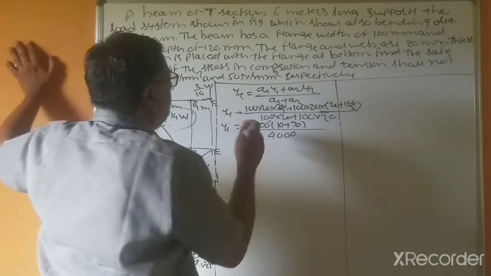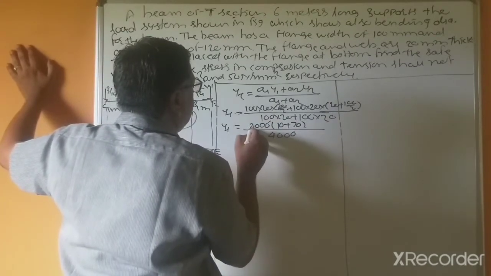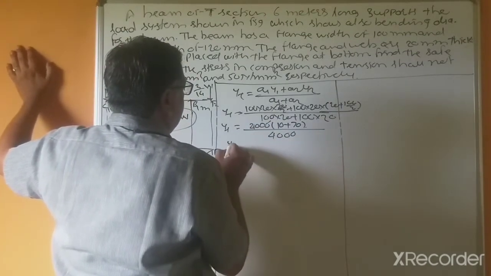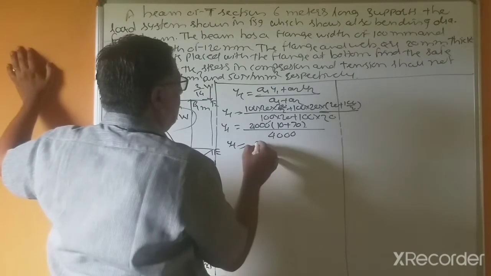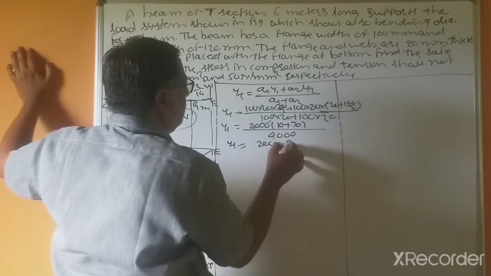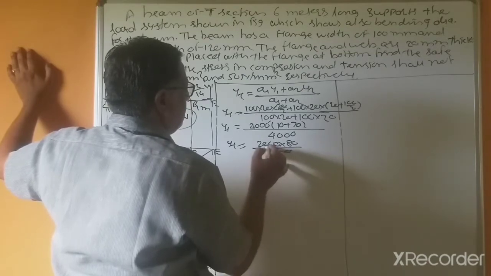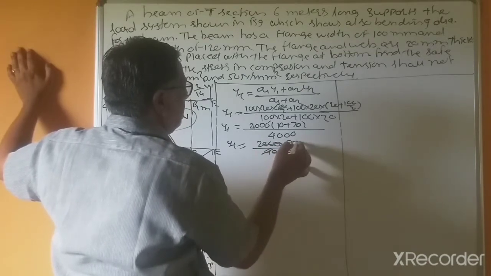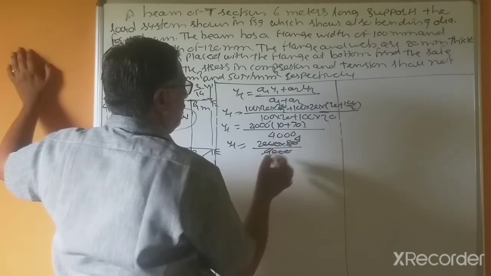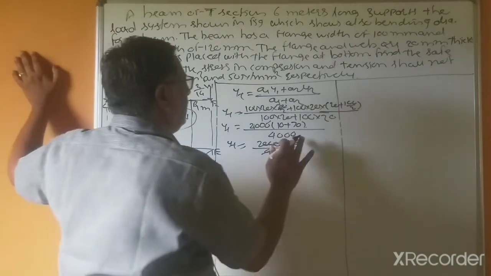Sorry, because this is common, 2000. So yt equal to 2000 into 80 divided by 4000. So this will get cancelled, and this is 20.